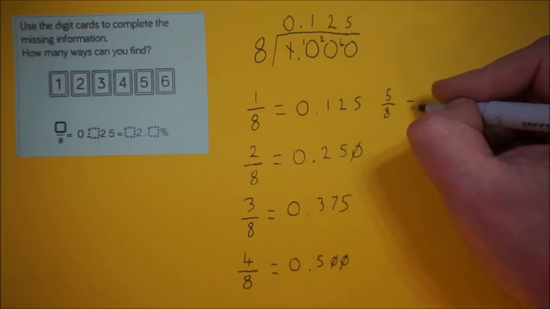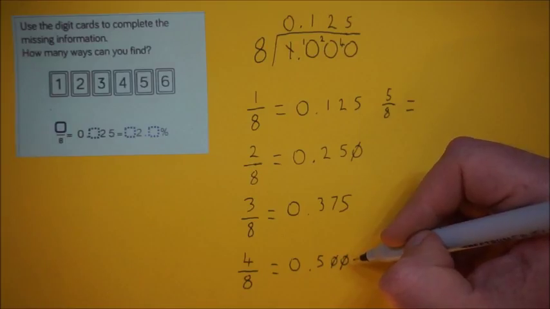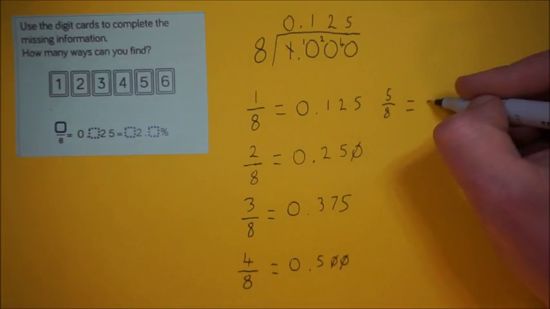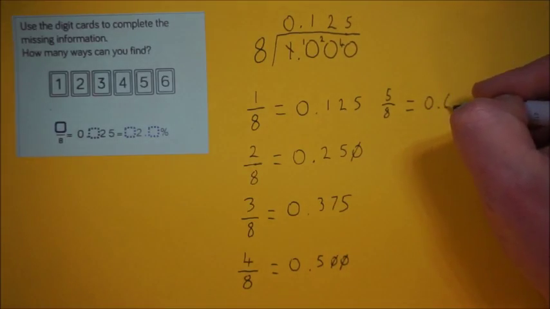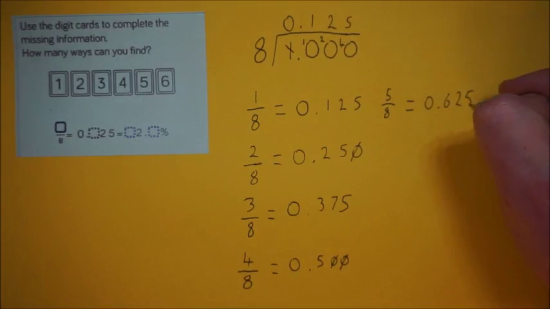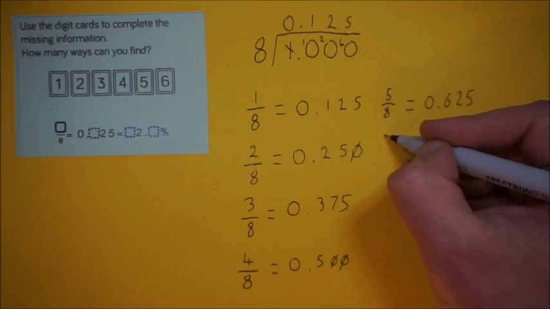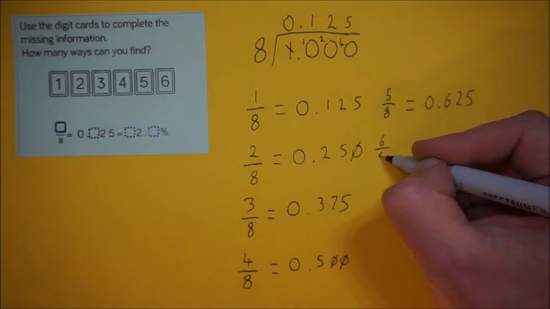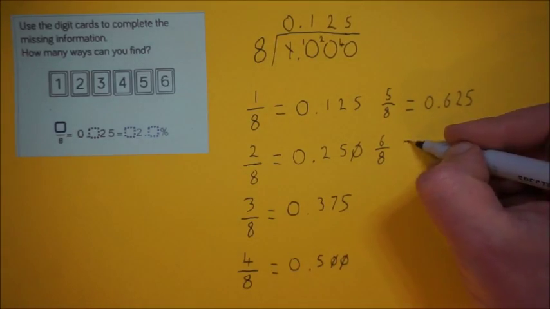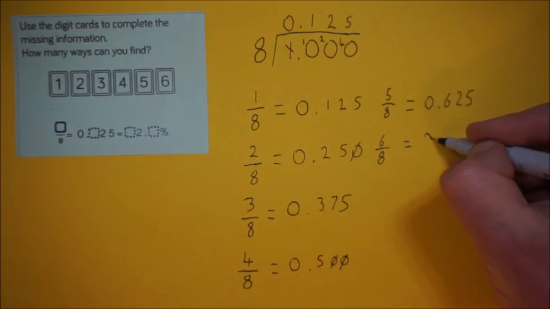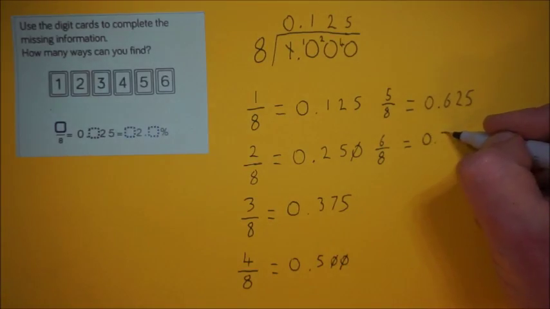Adding on our 0.125, we get 0.625. 6/8 is 0.750.